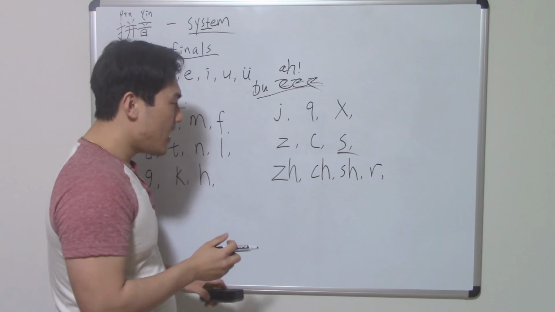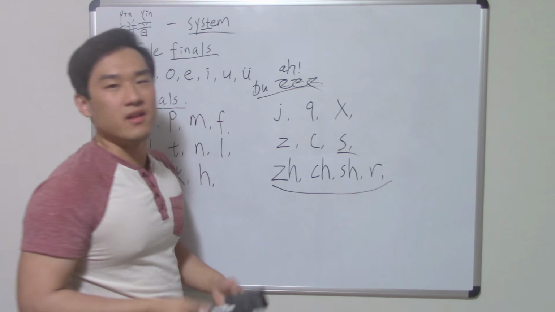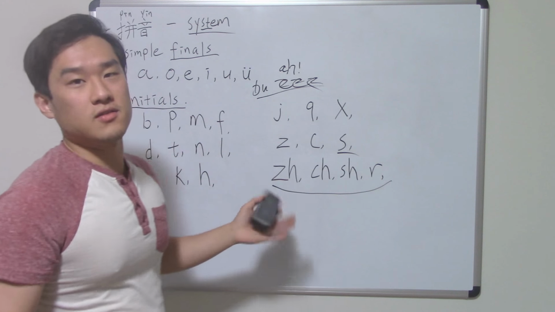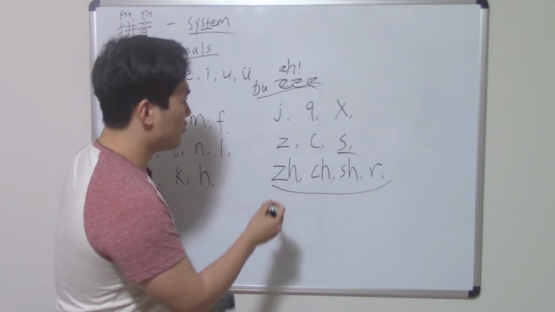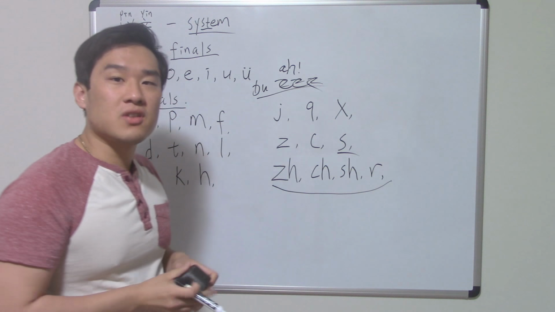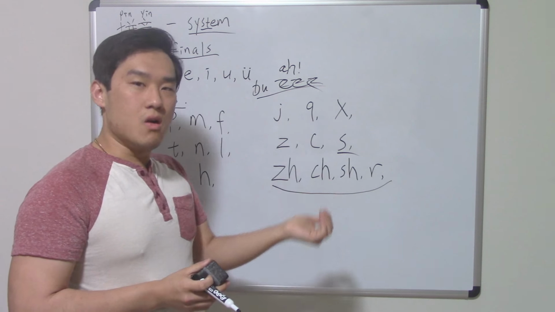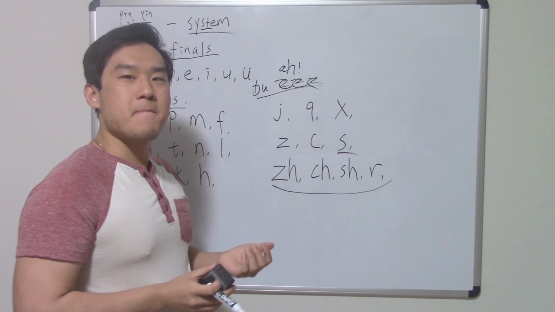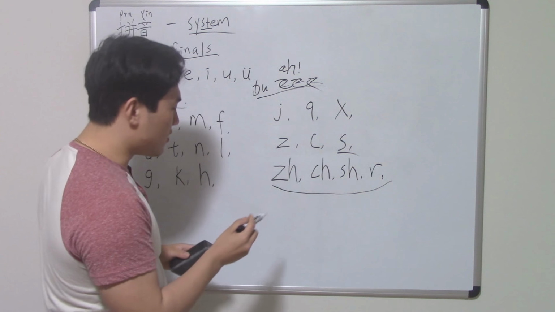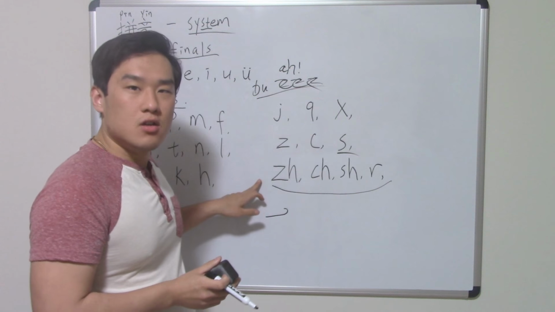Okay. And then these four, they're very unique too, but they're also easy to pronounce. They're very different, so you should be able to identify them easily. This one is zh. With that, all you have to do is roll your tongue a little bit. So your tongue will be like that, right? We pronounce it zh.